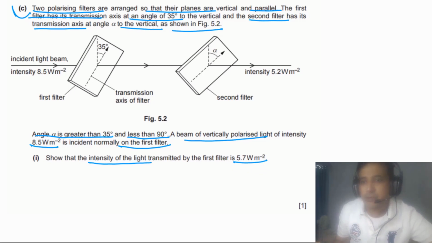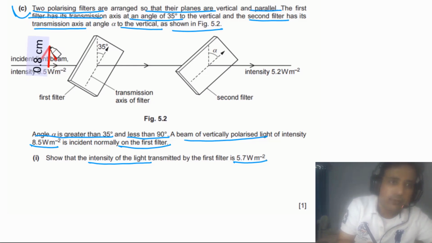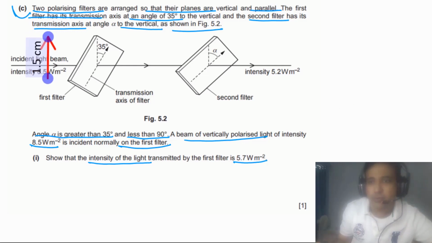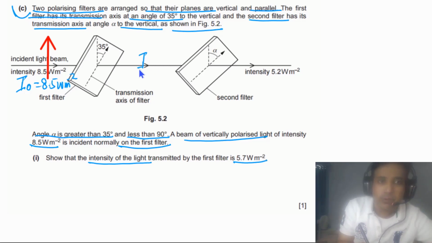So for this question, first of all, it is given to us that this light is vertically polarized, so we can draw this arrow here. We can also say the intensity of this is I naught, and I naught is equal to 8.5 watts per square meter. And for this question we need to determine the transmitted intensity I1. So simply we can write down Malus's law.